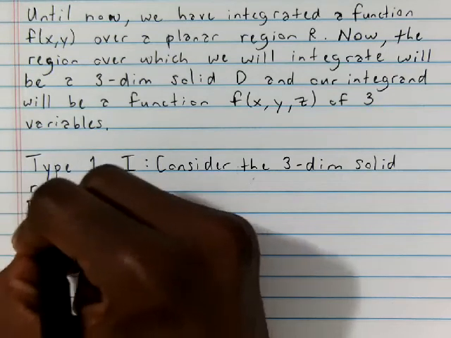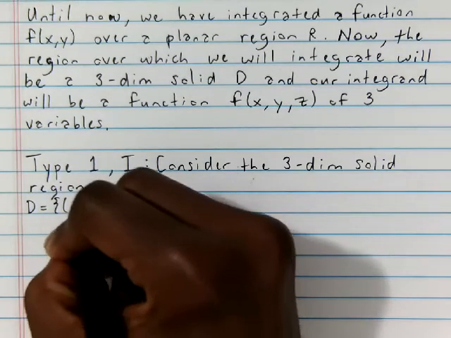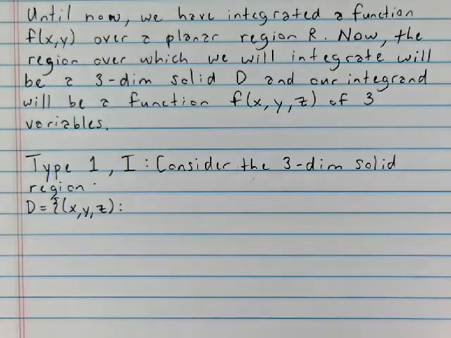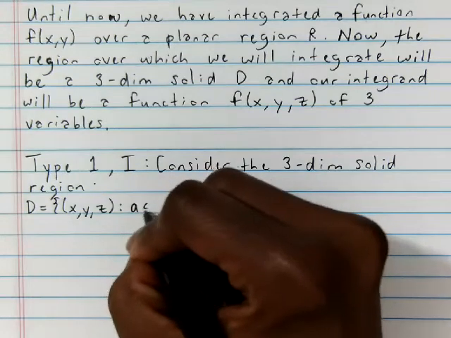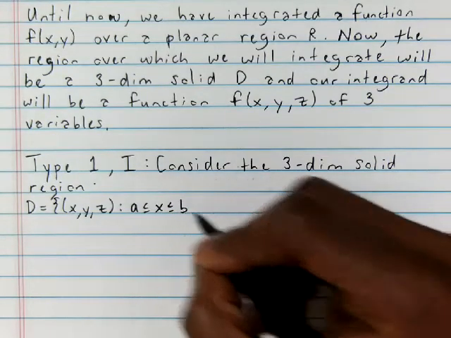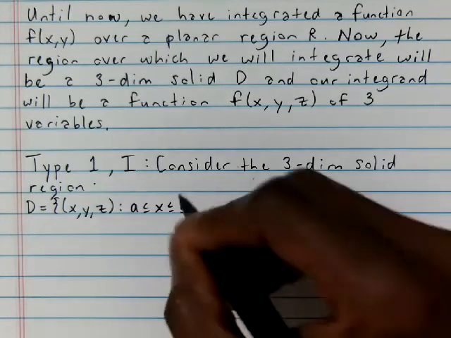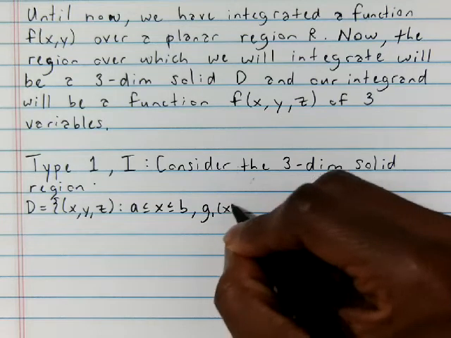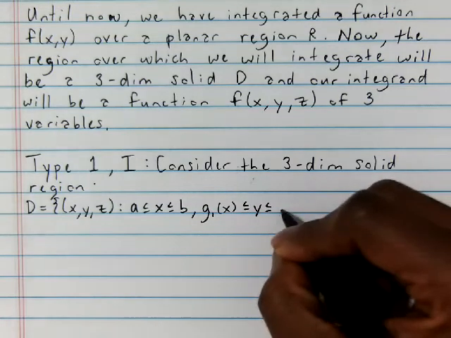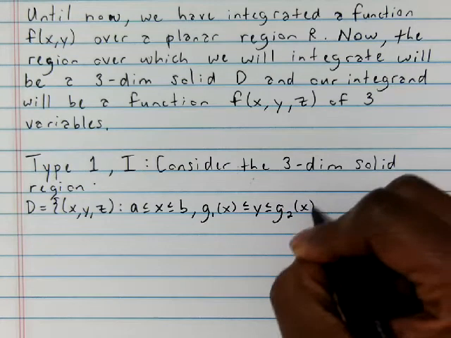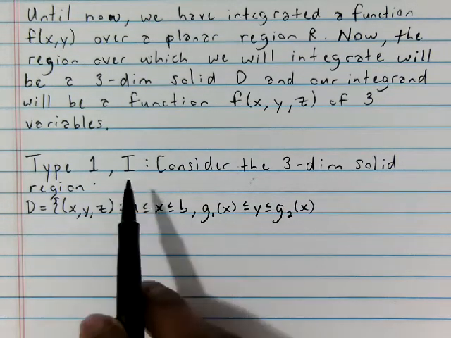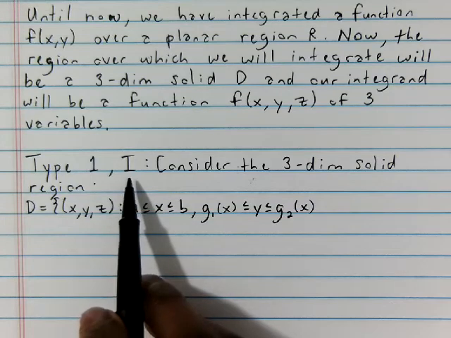D equals the set of points x, y, z such that x is between a and b, so x goes from constant to constant. y is between g sub 1 of x and g sub 2 of x, and y goes from function to function. You all are familiar with that from double integrals. That is a type 1 region from double integrals.